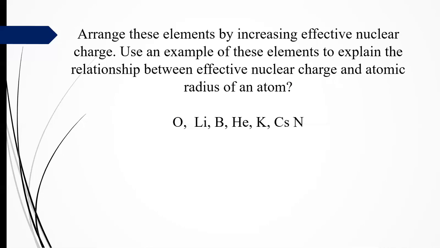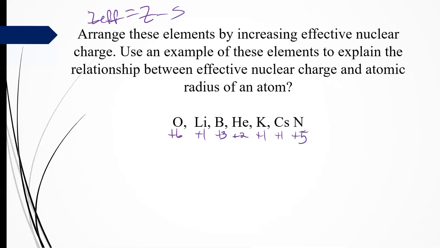Z effective is our Z minus our S. So oxygen becomes 8 protons minus 2, so plus 6. Lithium is plus 1. Boron is 5 minus 2, so plus 3. Helium is 2 minus 0, so plus 2. Potassium is plus 1. Cesium is plus 1. Nitrogen is plus 5.